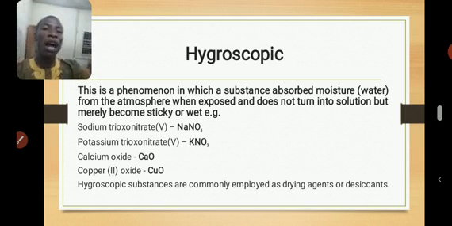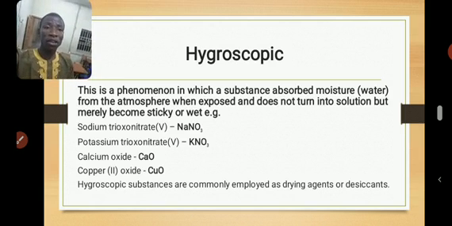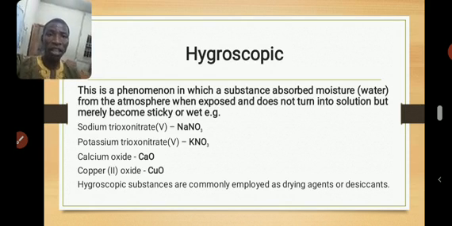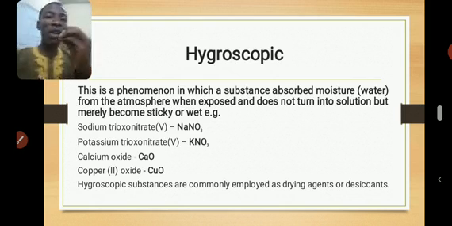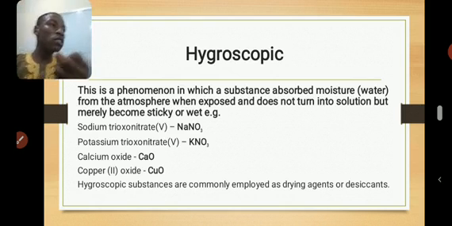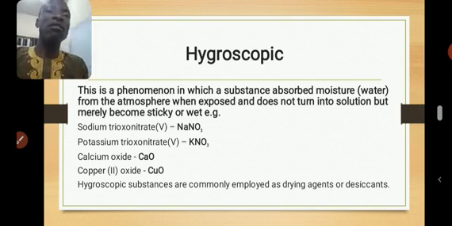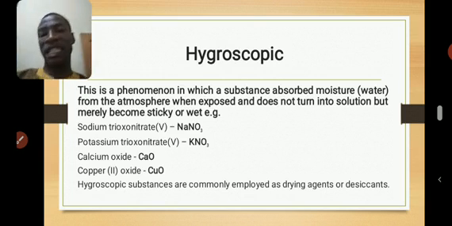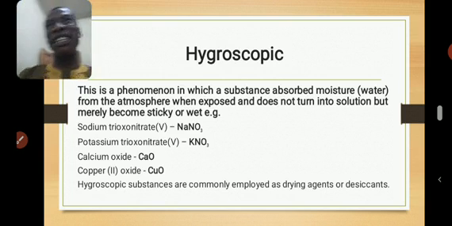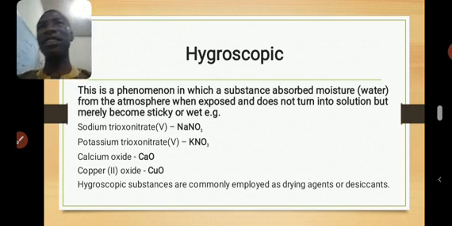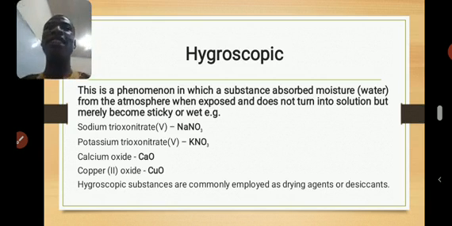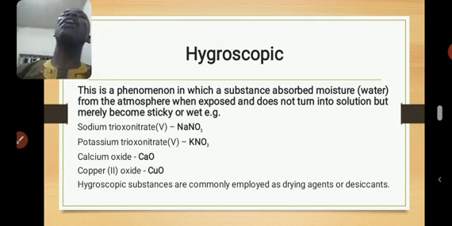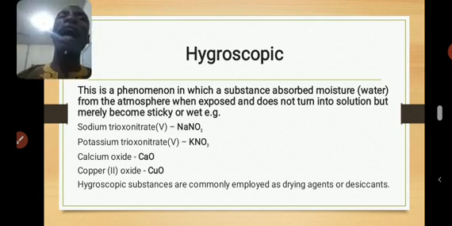That is called hygroscopy. When substances absorb water or moisture from the atmosphere, it's called hygroscopy. When they absorb this water, if they are solid, they become sticky or wet. So they increase in mass because of the water they are absorbing from the atmosphere. So that's called hygroscopy.